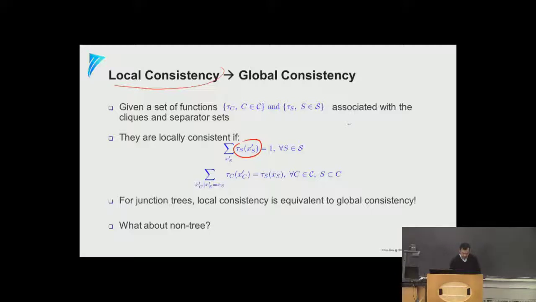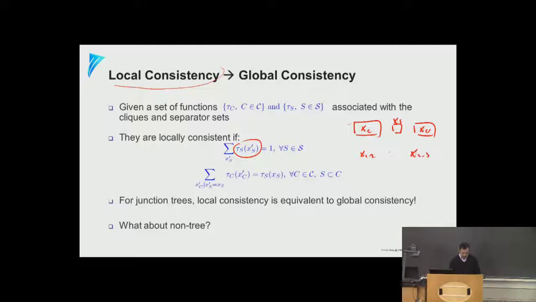Remember that in a generic clique tree fashion, you have, say, this is a clique and this is another clique, and this is the intersection of the cliques, S, right? And in the simpler case, you may say that here I have x1 and x2, and x2 and x3.